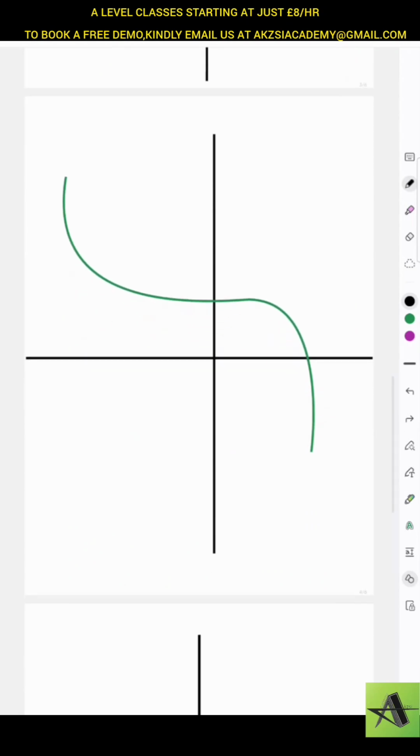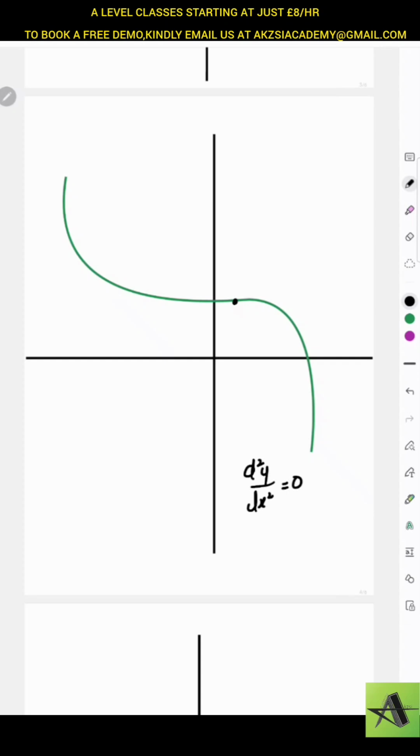Here, clearly you can see that this point is where the concavity is changing, obviously. So we get to know that d2y over dx2 is clearly 0 in this case.